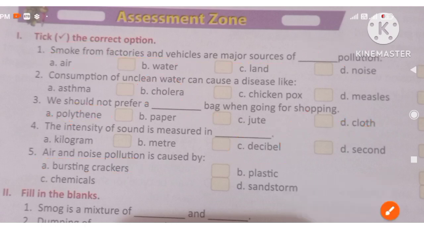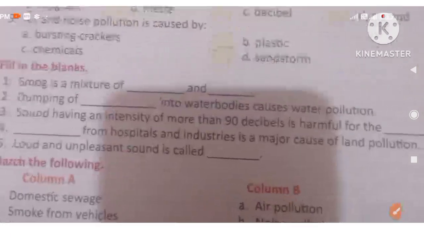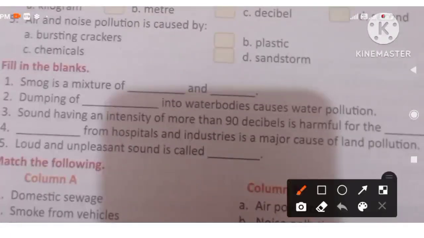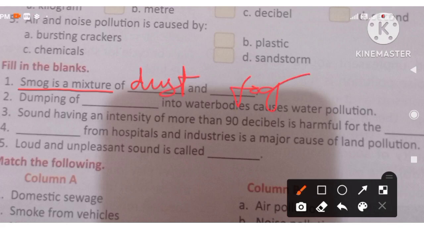Next point, fill in the blanks. First point: smoke is a mixture of dust and fog. Next, dumping of hot water into water bodies causes water pollution.